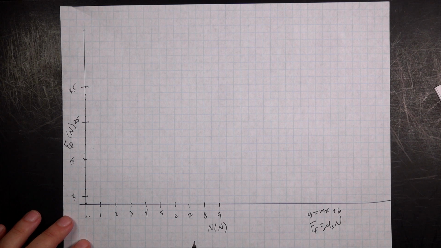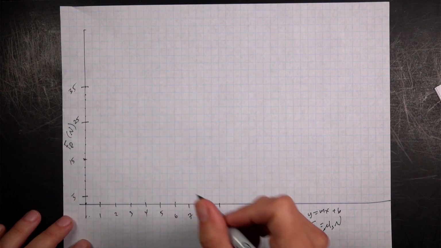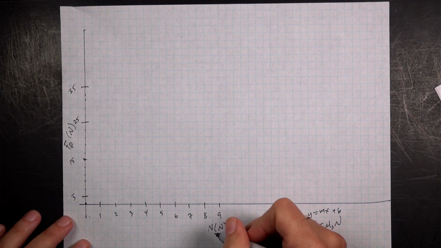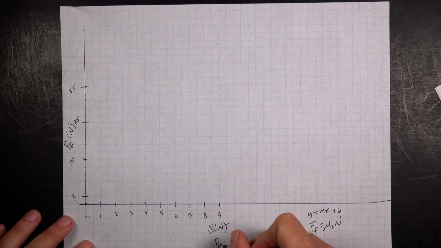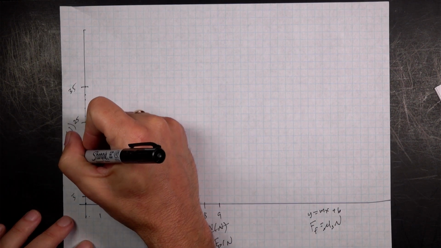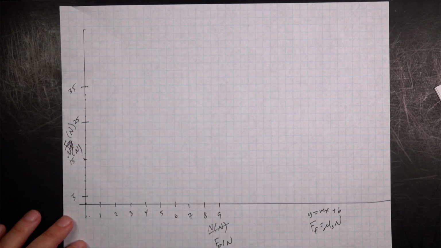Okay, so now I just have my data points. I need to plot them all. So my first one is F is 1 point, N is 4. Oh, I got those backwards. Crud. Okay, this is F. So that's fine. I'm a bad person. That's fine. FP, and this is N. I was just excited.